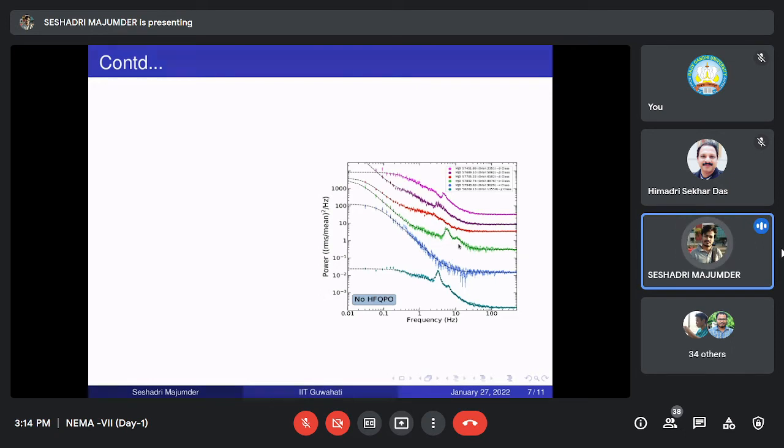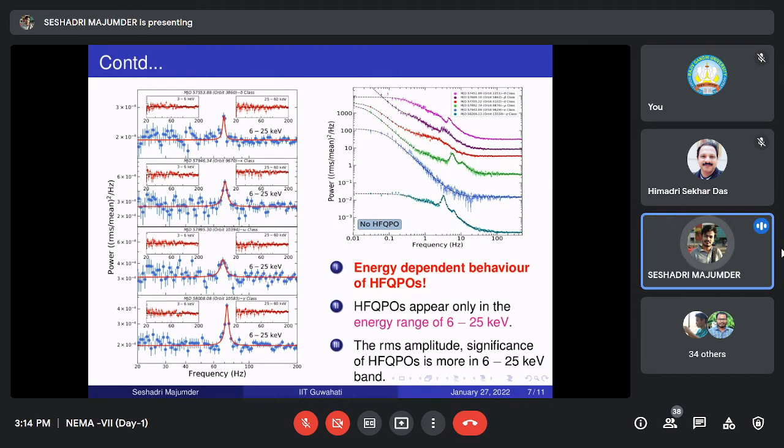The frequencies vary from 3 to 7 hertz, and these features are actually the type C low frequency QPOs. But since we are interested in high frequency QPO only in this particular project, we only discuss the high frequency QPO features.